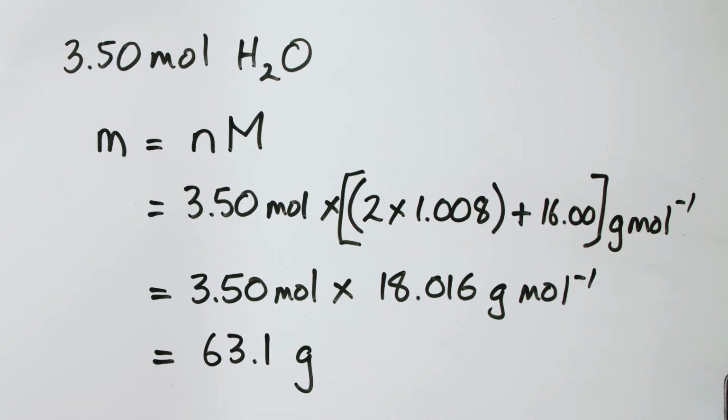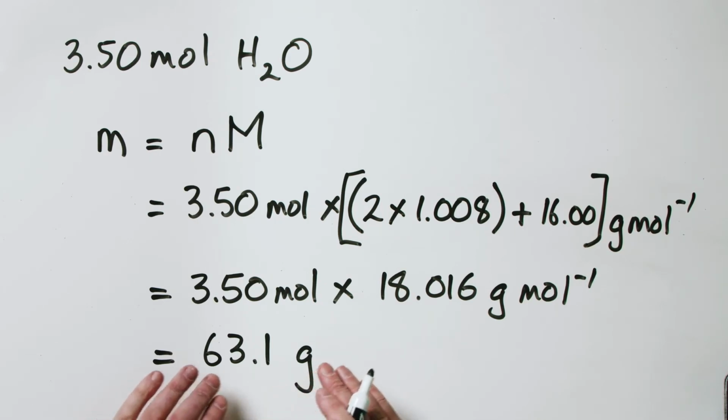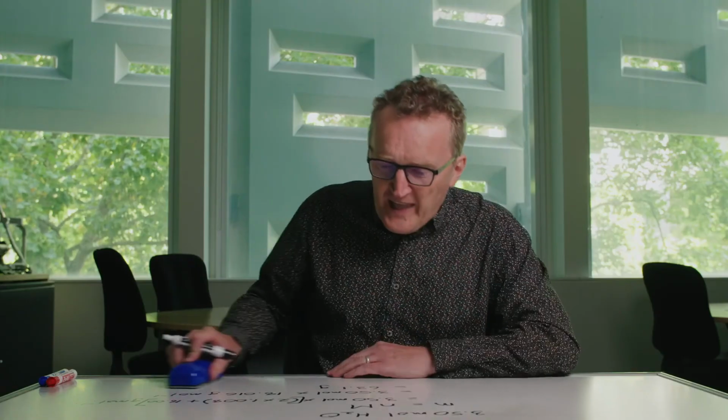To finish up with, let's look at the relationship between this whole idea of numbers of moles, of amount of substance, and the actual numbers of atoms or molecules or whatever it is that we're talking about. So let's ask the question: if we've got 3.5 moles of water, what actual physical number of molecules of water does that correspond to? Well, in order to answer that question, we need to remember the Avogadro constant.